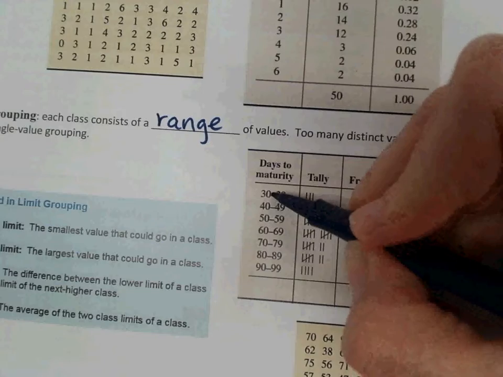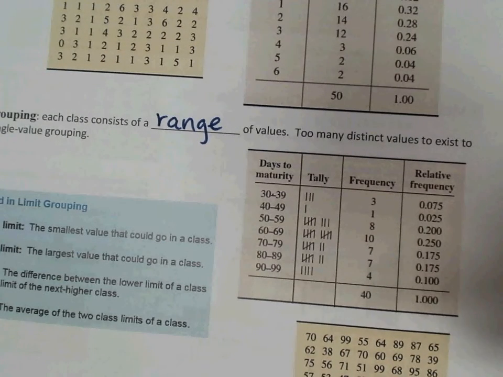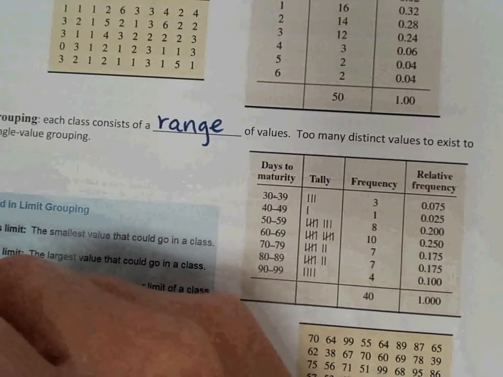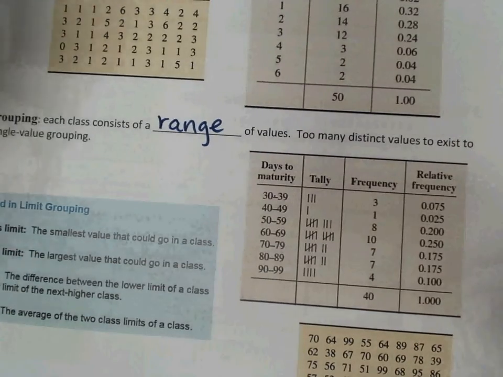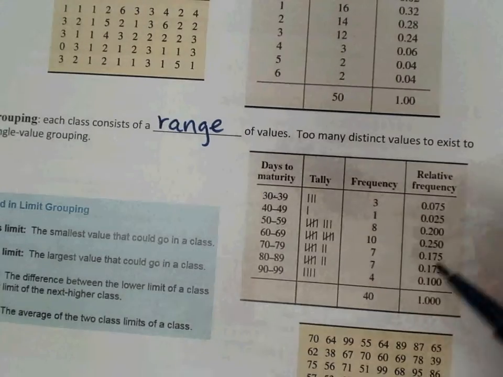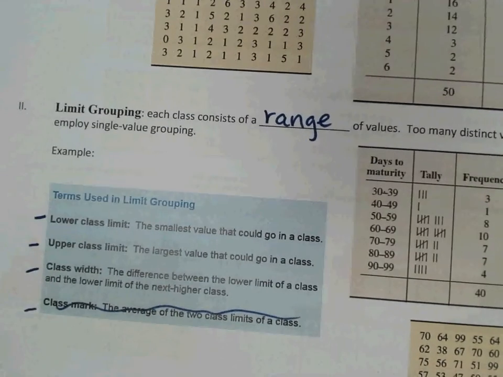So if I subtract 40 minus 30, that's 10. The length of the class is 10. And this one doesn't come up all that much. Class mark, average of the 2 class limits of a class. Don't worry about that one. We'll just cross that one out. Class mark. I feel like that could add confusion unnecessarily.